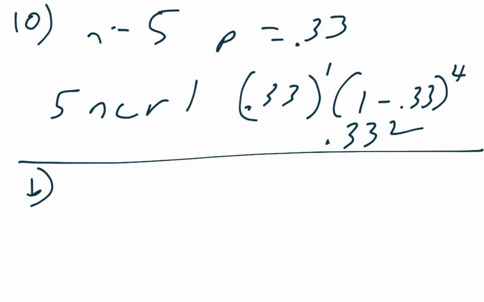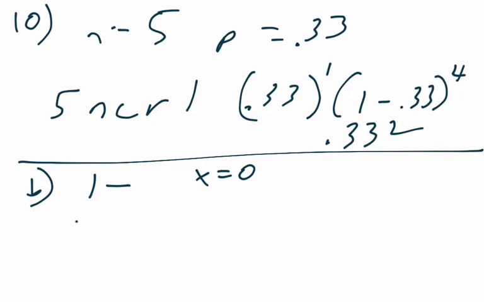For letter B, I'm going to do 1 minus because we're doing greater than or equal to 1. 1 minus x is equal to 0.